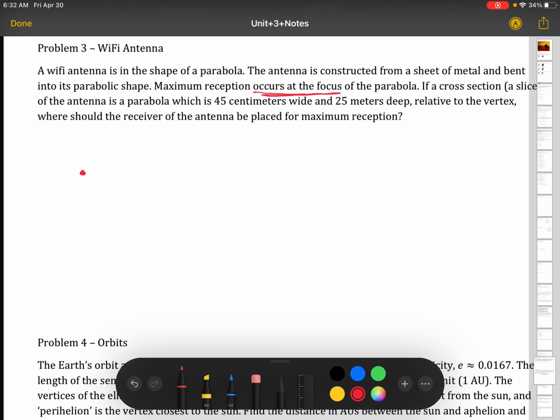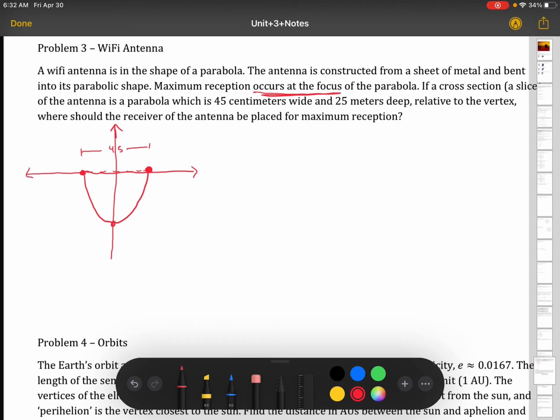So let's do that. We have a parabola that looks something like this. And we know that this whole distance is 45 centimeters. And we're going to put the endpoints of the antenna on the x-axis.